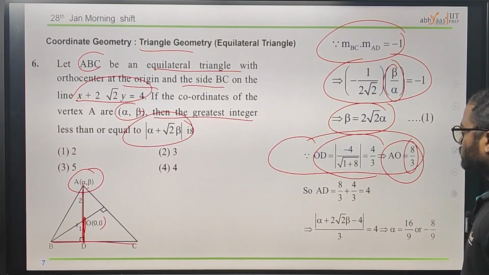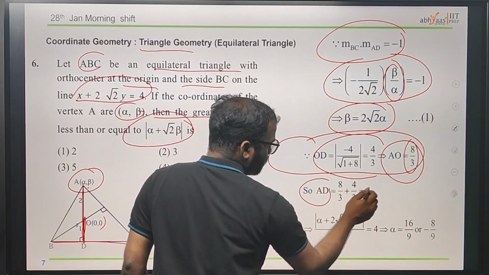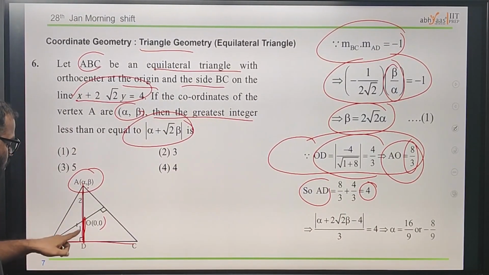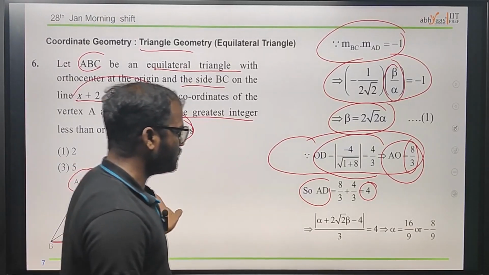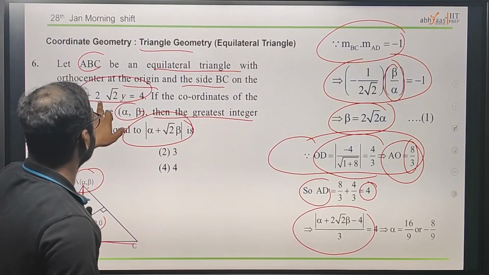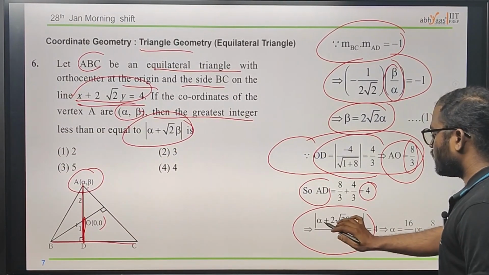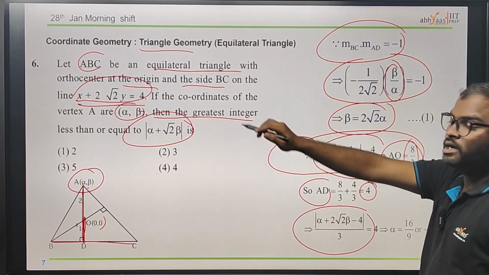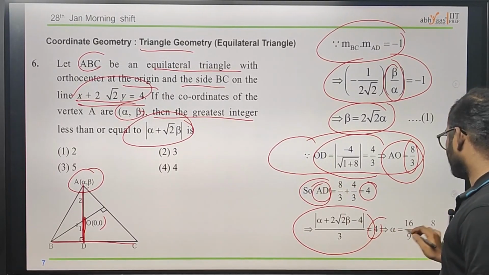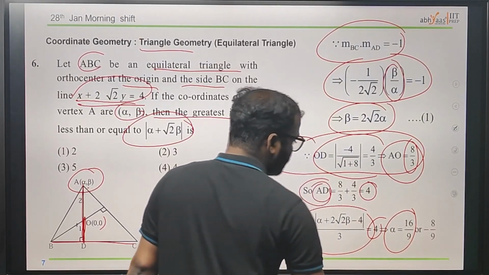Now with this we can easily say AD will be equal to 4. From the line, substituting those values of alpha and beta in place of x and y, we get the equation equal to 4, which gives alpha as maybe 16 by 9 or 8 by 9.